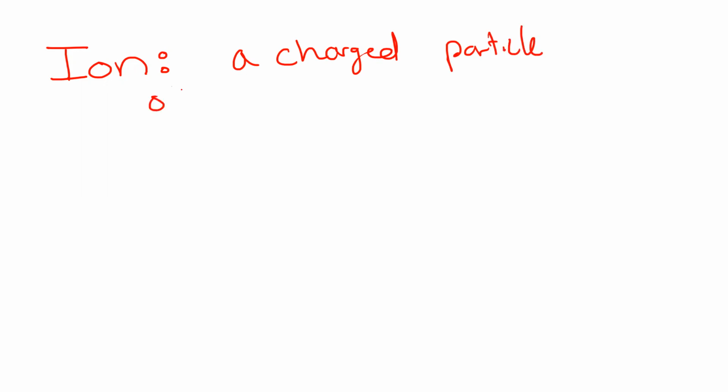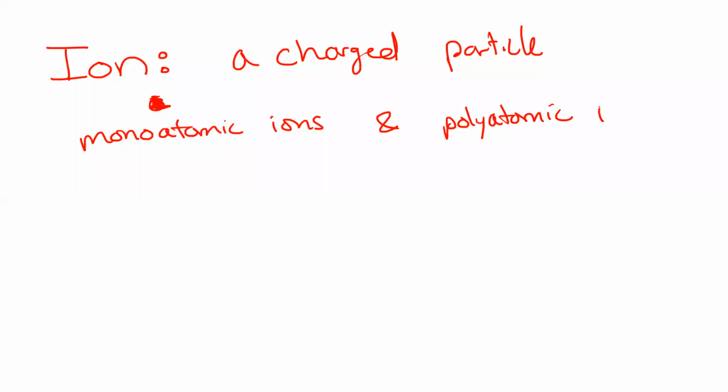And the reason I define it as a charged particle is because there are both monoatomic ions and polyatomic ions. So charged particle, if I call it a charged particle, that's more general than just saying it's a charged atom, because it can be built from multiple atoms that are fused together into a charged particle.